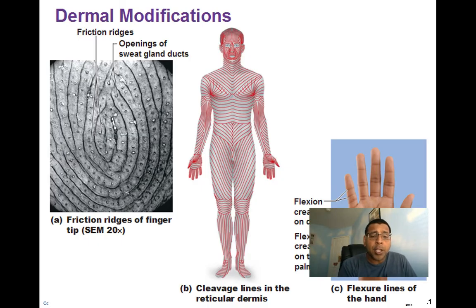Friction ridge patterns are genetically determined, and they are unique to each of us.